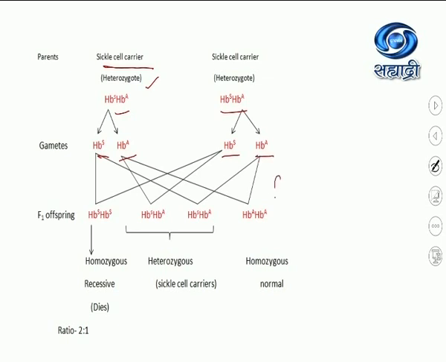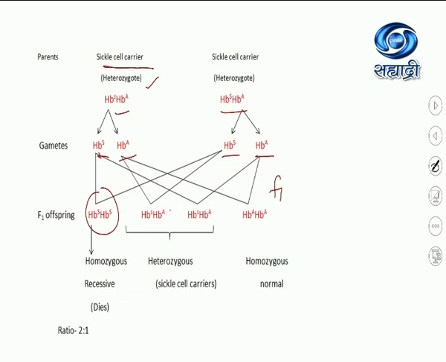The offspring produced in the F1 generation: HbS HbS, homozygous recessive. Obviously, what will happen to this child? He suffers from sickle cell anemia and dies because it is a lethal gene.